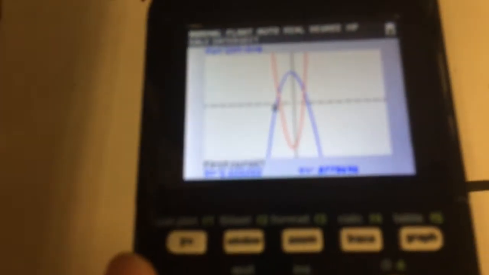We're going to first go to the left on the blue parabola, and then we're going to go down on the red one, press enter, guess, and that is our intersection point.